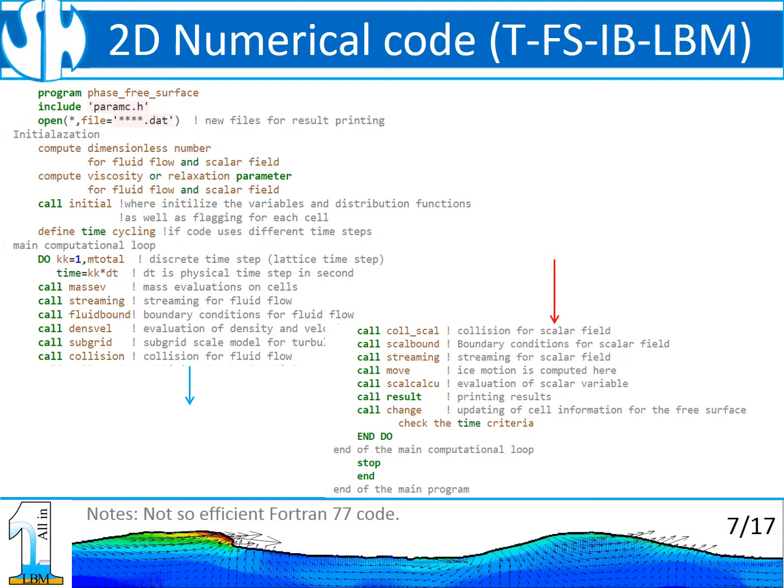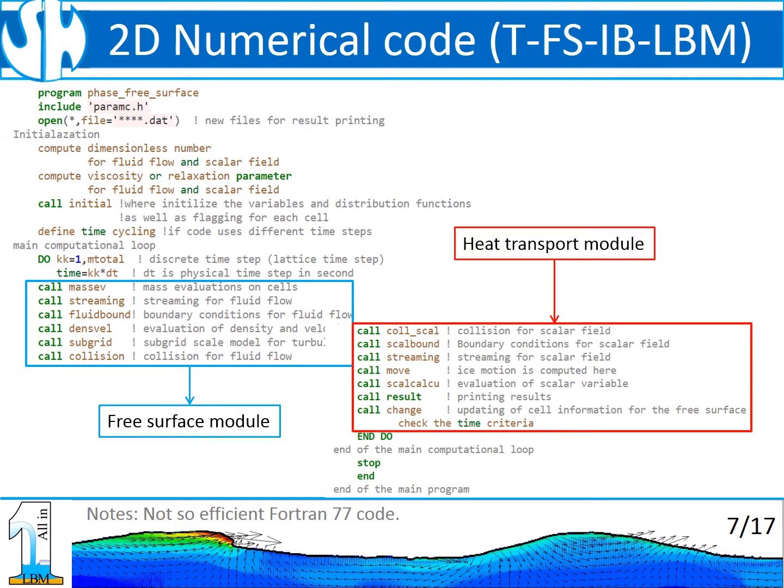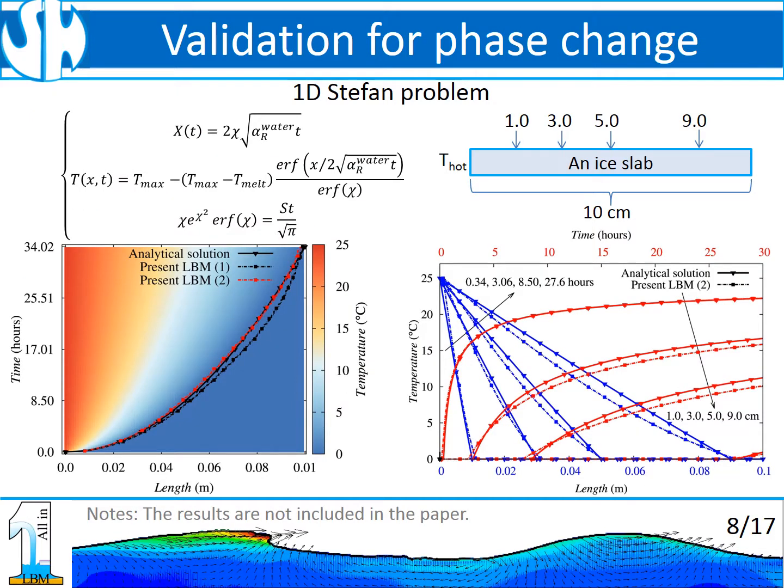This is the main program of our numerical code in Fortran 77 for fluid-solid phase transition in free surface flow. The free surface module is followed by the heat transport module, where the motion of the ice is solved.